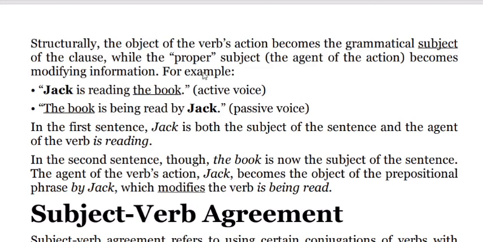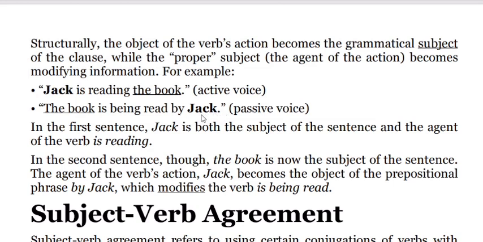For example, Jack is reading the book. Active. But in another example, the book is being read by Jack. Passive. Now, you can see Jack, the main doer. But here in another example, it is silent. Jack.